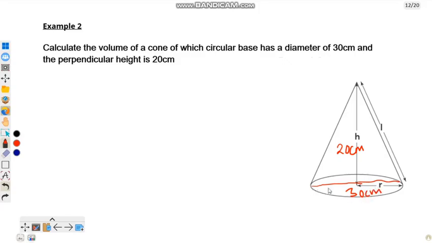If the diameter is 30, it means the radius is 15 here.